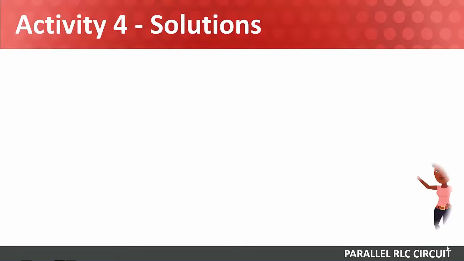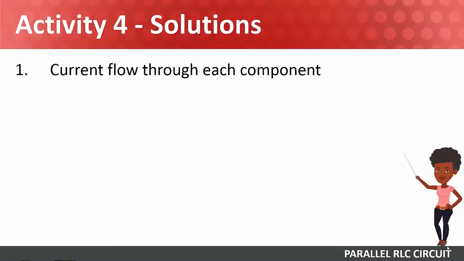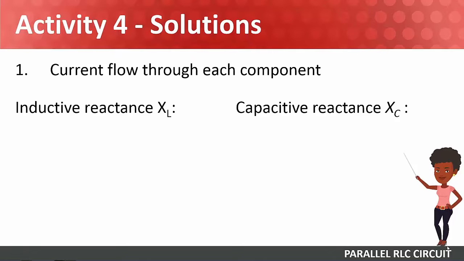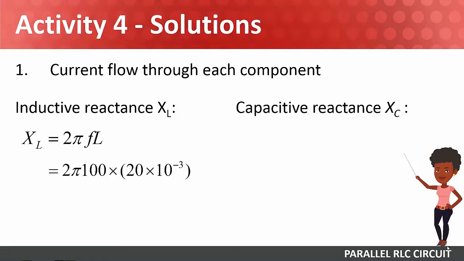Before you can calculate the current flow through each component, you need to calculate the values of inductive reactance XL and capacitive reactance XC. To calculate XL, we use the formula XL equals 2 pi FL. So XL is equal to 2 pi multiplied by the frequency, which was given as 100 Hz, multiplied by the inductance, which is 20 millihenries.